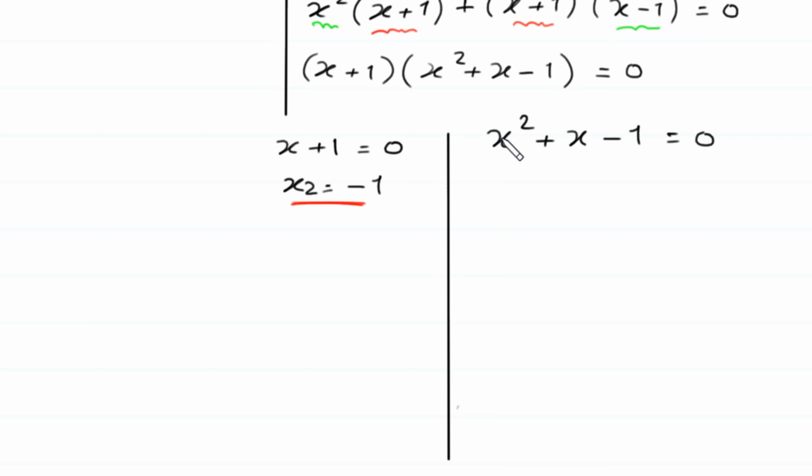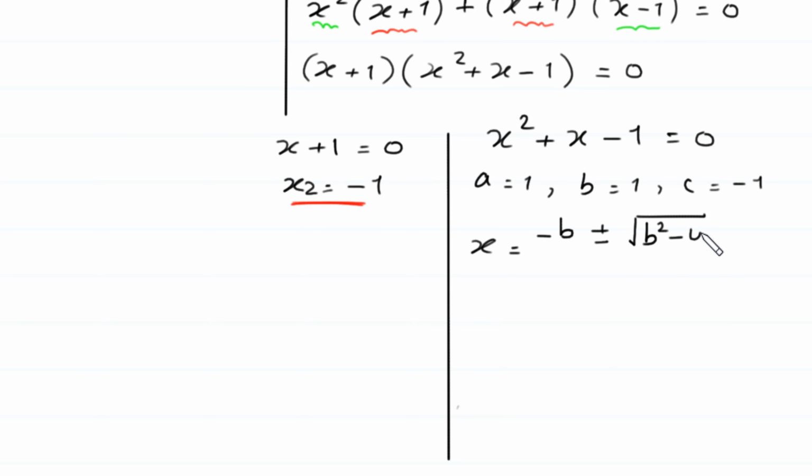This is a quadratic equation and can be solved by the quadratic formula. In this equation, a is equal to 1, b is equal to 1, and c is equal to negative 1, and the quadratic formula is x is equal to -b plus or minus the square root of b² - 4ac, divided by 2a.